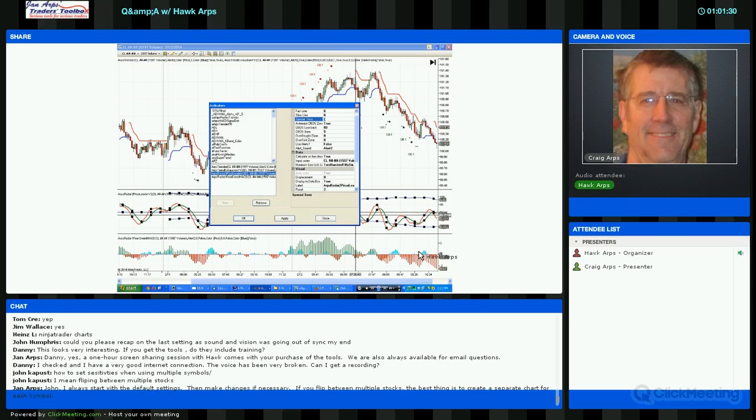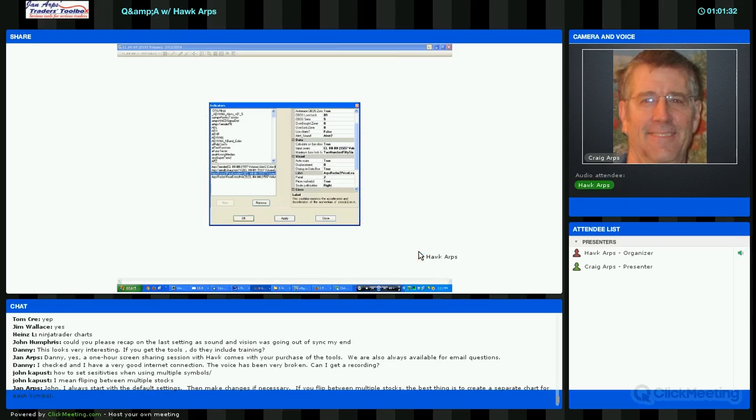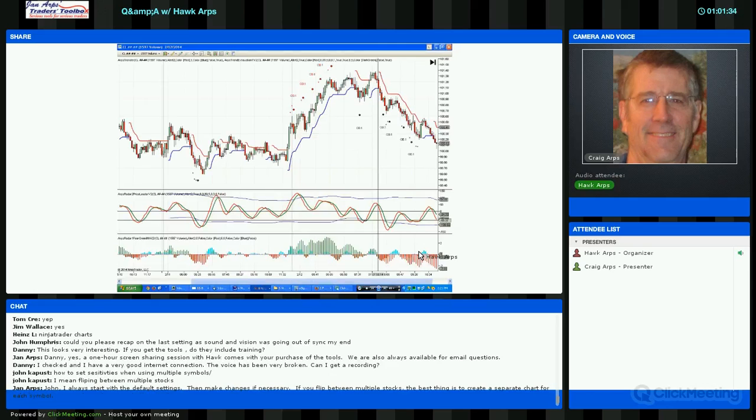Flipping between multiple stocks. The main key, John, is that different stocks have different volatilities, and if you're looking at one stock quite a bit, and it has an extreme volatility, you might want to change the settings. But if you're looking at specific time frames, stocks are harder to use volume charts on because they all have different volumes, so you do have to use case.